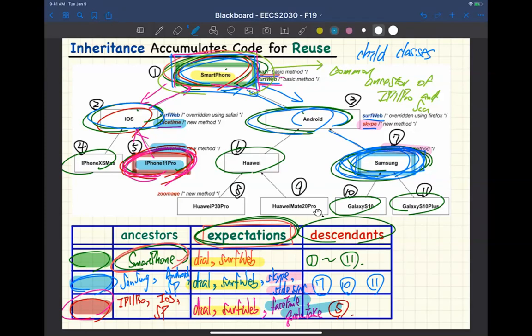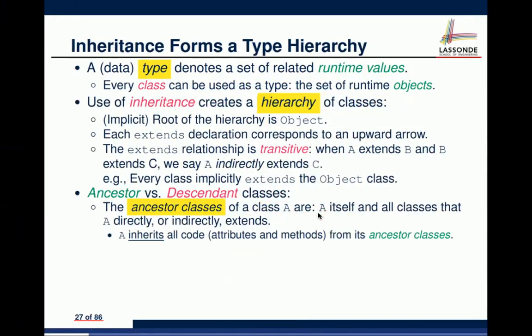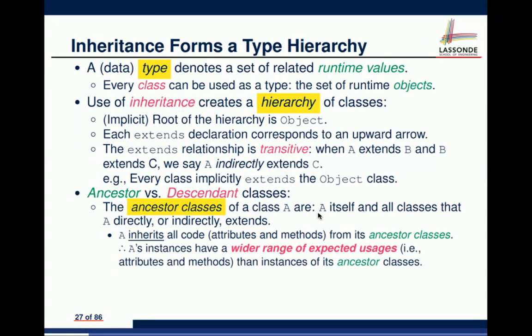Okay, let's go a little bit further. So now, when you see this particular sentence on the slides, whenever you talk about any class A, they inherit all the code from their ancestor. That is why a particular class A is guaranteed to have more expectation than its ancestor.